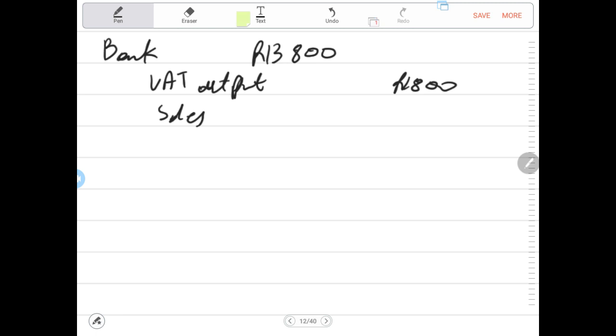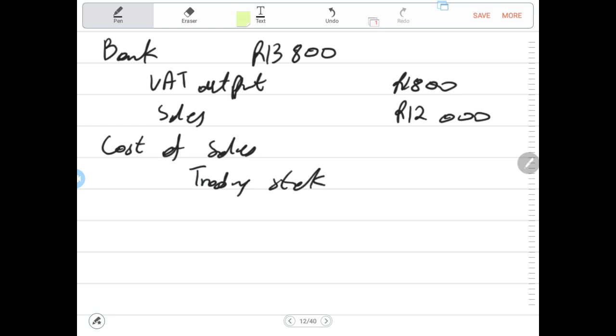Then we have sales, which is 12,000. 12,000 plus 1.8 is 13.8. Then we need to debit our cost of sales. Then we credit our trading stock. Our trading stock, we calculated it to be 10,000 rands.